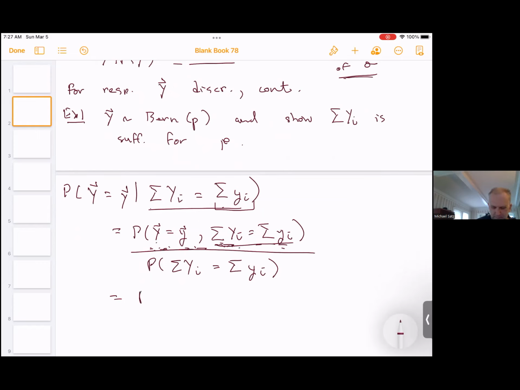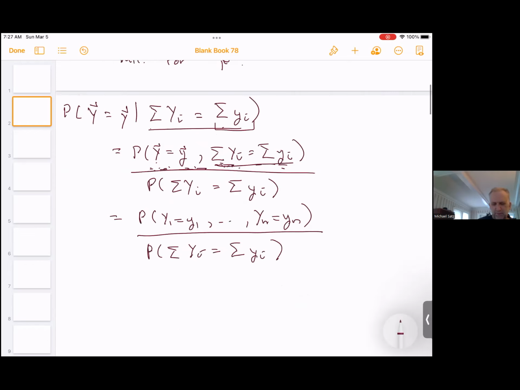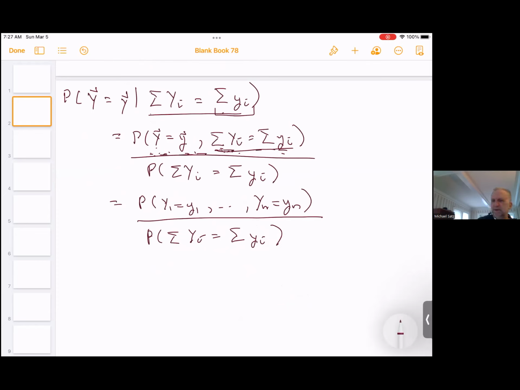So this is the probability y1 I just took out the top. And for some reason, I rewrote the condition that the vector equals the little vector, just to remind you while the notation's new.